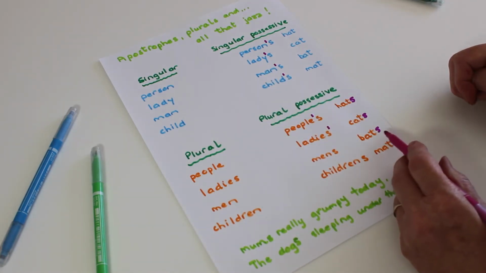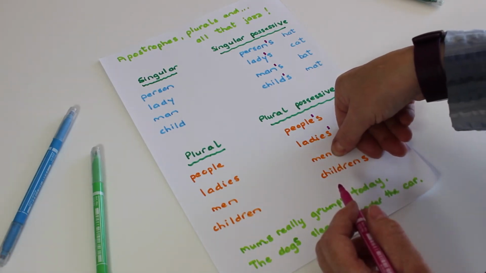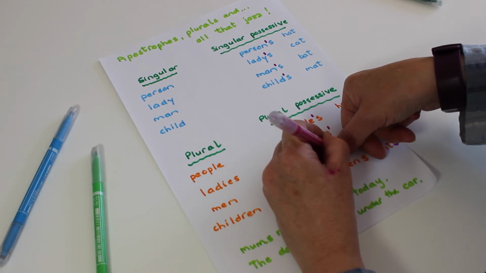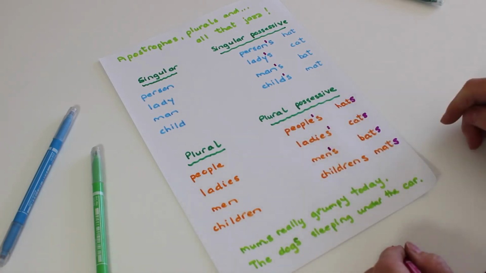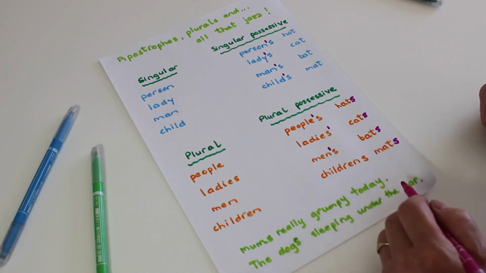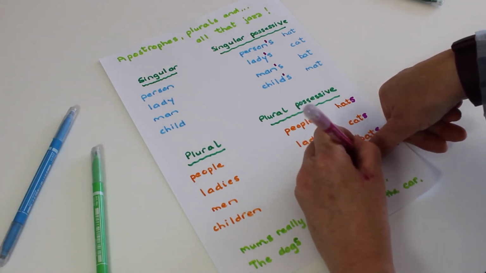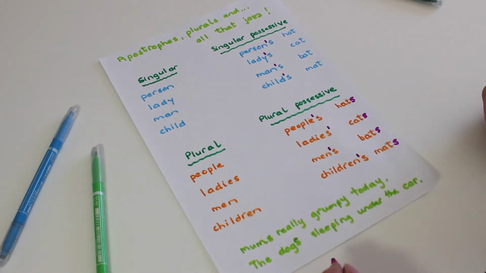Then the bats. The bats belong to the men. So I find the word men in here, pop my thumb down there and pop the apostrophe on there. So the bats belong to the men now. And last but not least, we have the mats that belong to the children. So again, get my handy thumb, pop it down there and put the apostrophe there.